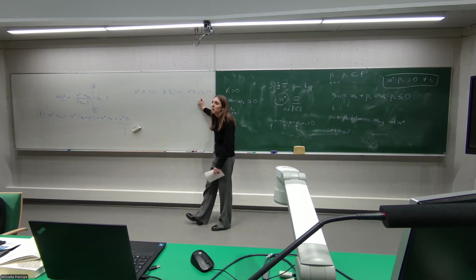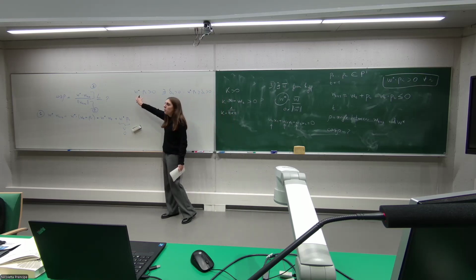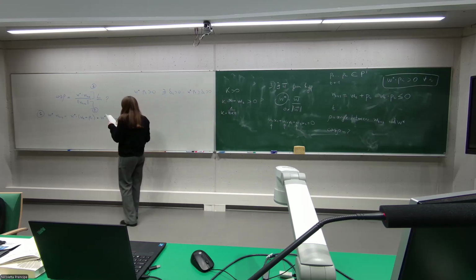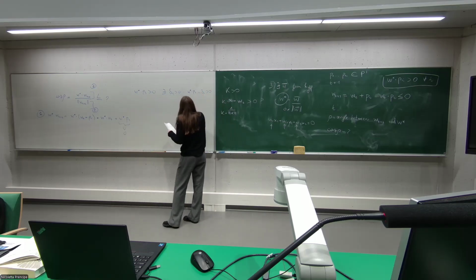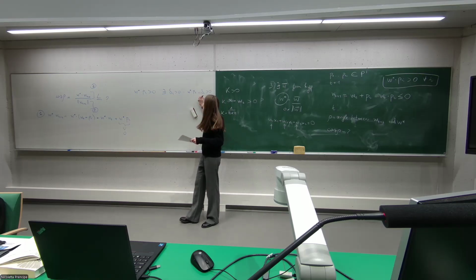I can pick a number in between. This is a strictly positive quantity, so I pick a number between it and 0. Now, let's put it equal here. It's greater than a positive constant, okay?